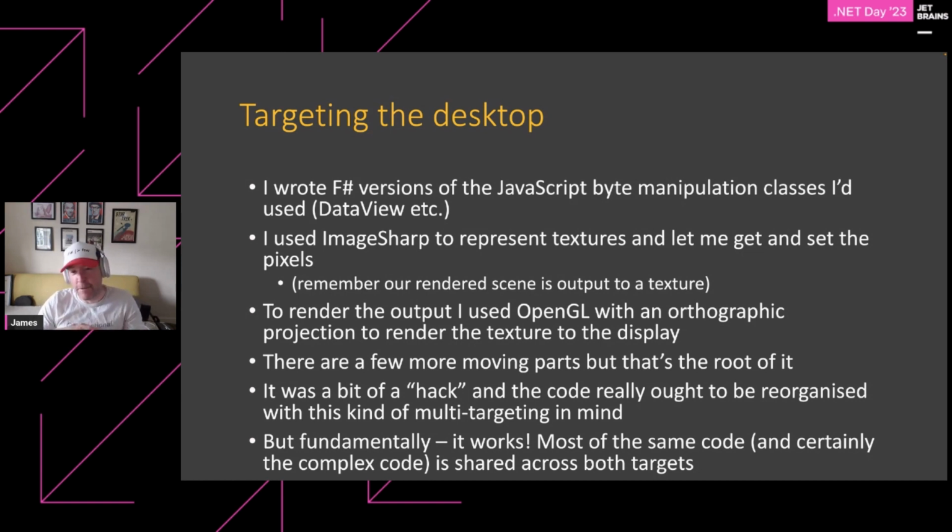Instead, what I did was look at the code that was specific to the JavaScript runtime, so DataView, Uint32Array, and I basically wrote .NET versions of those, back onto .NET structures, so that I could use the same code.